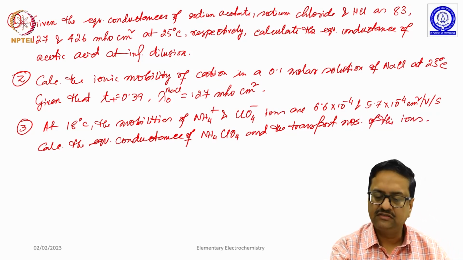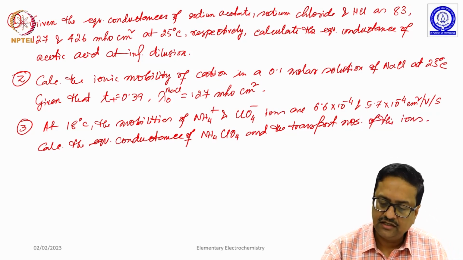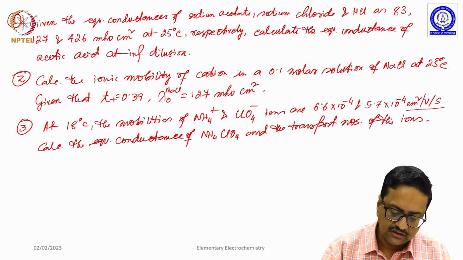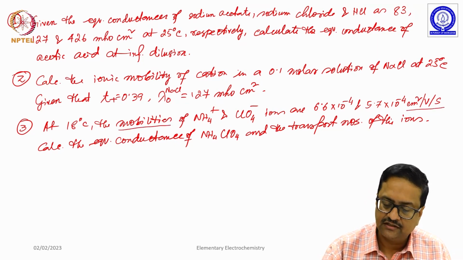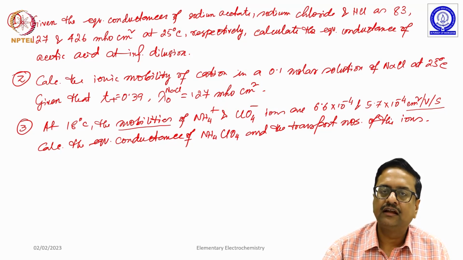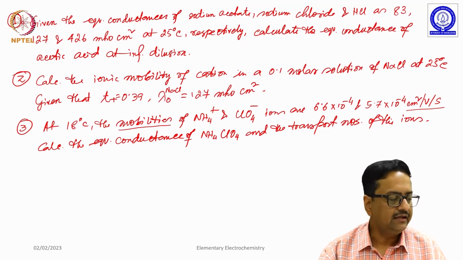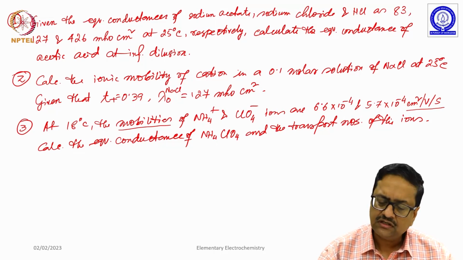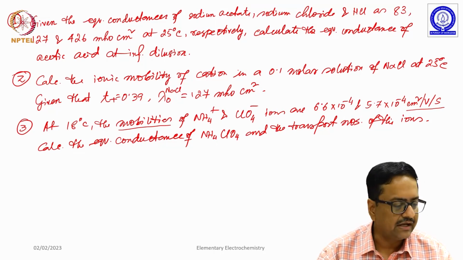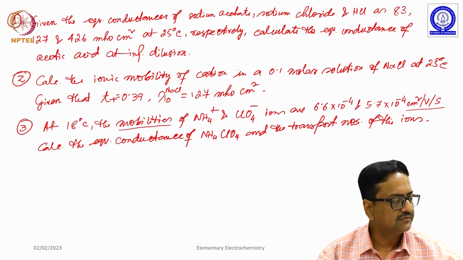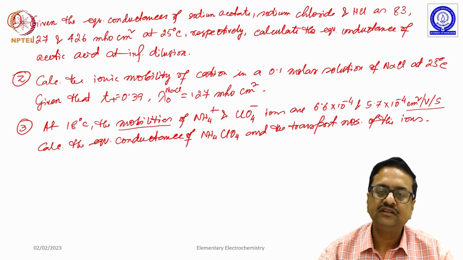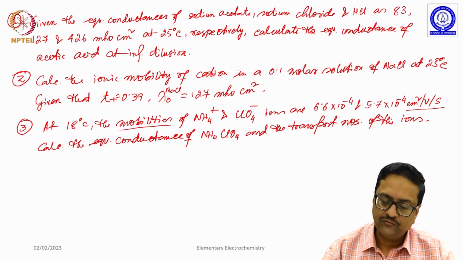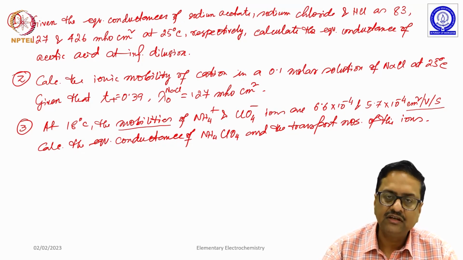Right? You see here the unit of the mobility is given. So, you have to take care of the unit while doing any calculation related to electrochemistry. Rather, you should keep in mind the unit calculation for all the physical chemistry related problems, because physical quantities come with their correct appropriate unit.